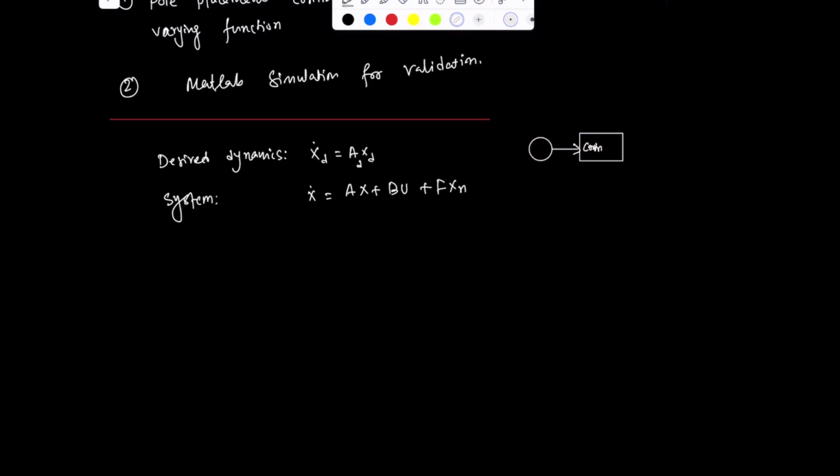The controller output goes to the plant to be controlled, and this is the output of the plant x. And instead of a zero reference signal, we are going to track a time varying function xt, and this is the feedback.